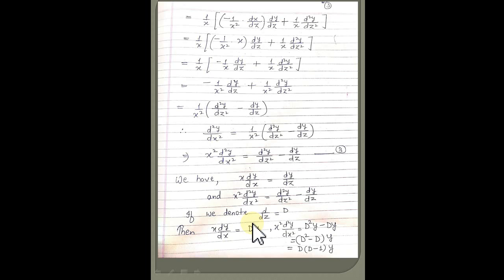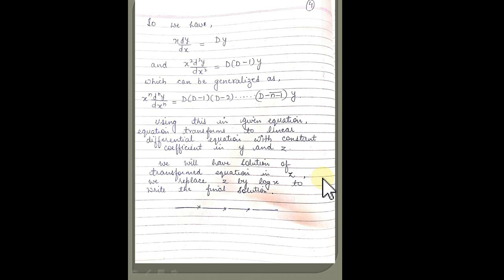If I am taking d by dz as capital D, we can replace x dy upon dx as capital Dy and x square d2y upon dx square as D(D minus 1)y. So these are the substitutions. In place of x we have to replace e raised to the power z, in place of x dy upon dx we have to replace Dy, and in place of x square d2y upon dx square we have to replace D(D minus 1)y.